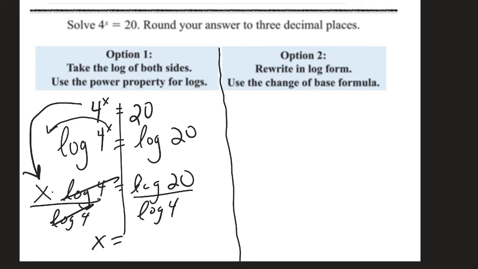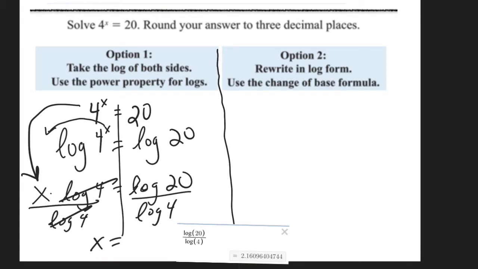And in my calculator, I'm going to put the log of 20 divided by the log of 4. I've brought in an image of what Desmos gave me when I put log of 20 divided by the log of 4. If I was going to round this to 3 decimal places, this would be 2.161. Okay, so that was the first method.